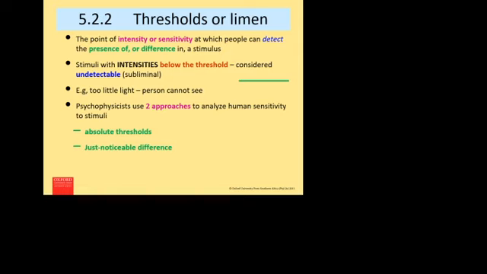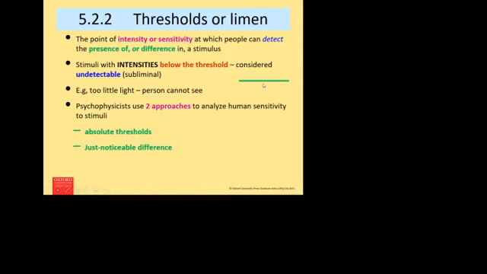A stimulus that is above the threshold can be detected. A stimulus that is below the threshold cannot be detected. For example, this is the threshold that differentiates between above and below. If the stimulus present is above the threshold, then we can detect it. But if the stimulus that comes is below the threshold, then it is not detected.